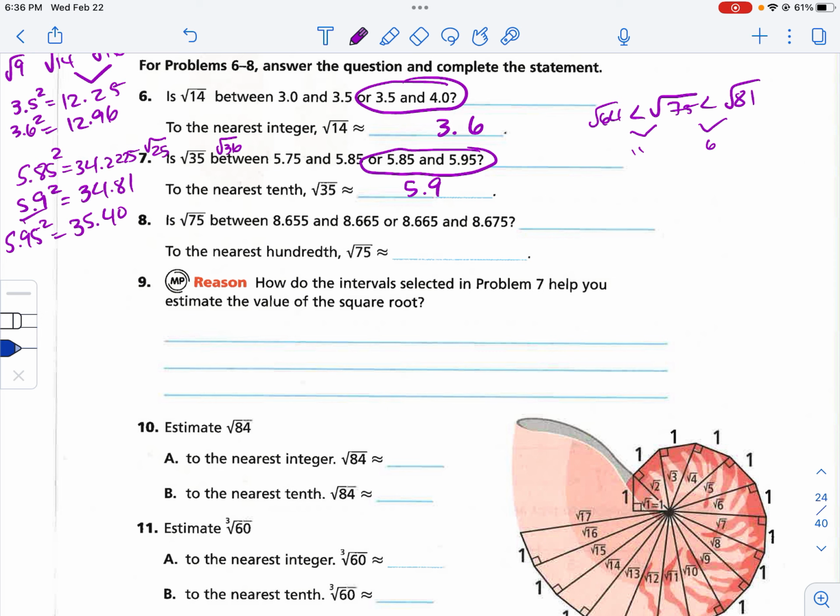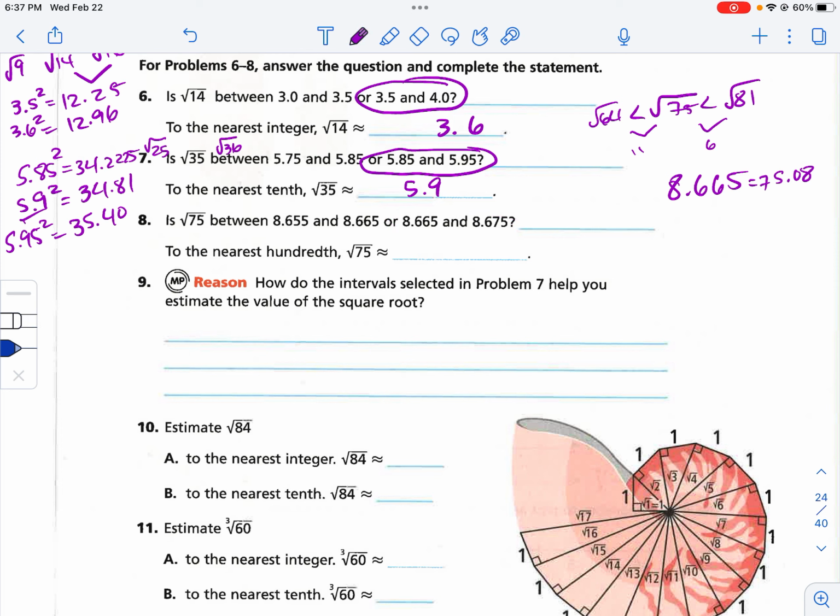So I'm going to say that it's in this area. So 8.665 times 8.665 gives me 75.08. Ooh, I lied.